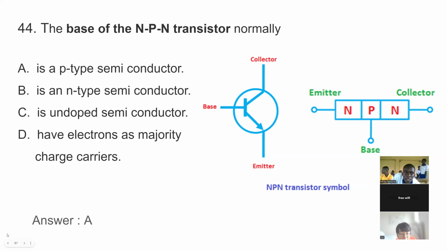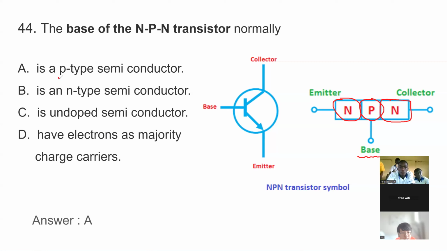If you actually look at it here, this is the NPN structure. It's actually A. So NPN, this is why it's called NPN. You can see the P is the base. You can see from the picture. P is the base, and the base serves as the semiconductor. So what is the base here?